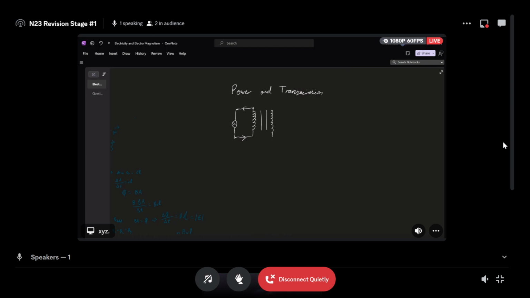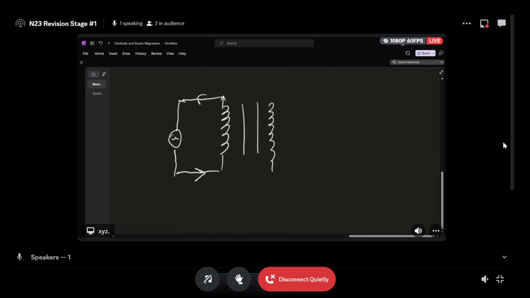And basically, what it does is that it uses this alternating current to create an alternating magnetic field here. So B is alternating.